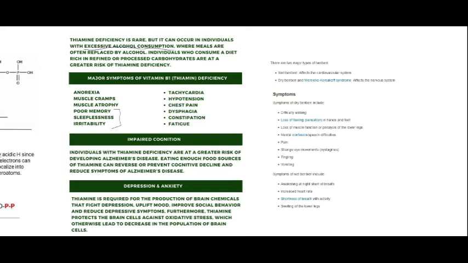So over here are the symptoms of beriberi, which is what you get if you have severe thiamine deficiency. So there are two types of beriberi. There's what's called wet beriberi and dry beriberi. So dry is mostly affecting the nervous system, whereas the wet version is the cardiovascular system.